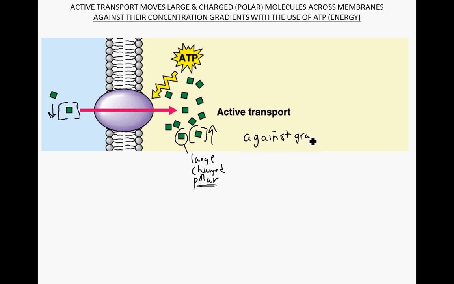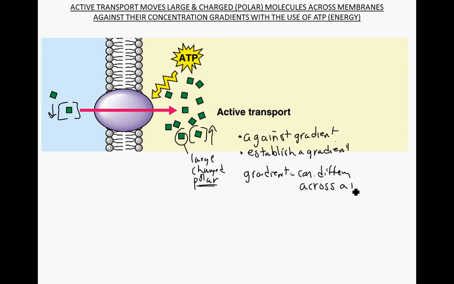a gradient. And this is presuming that we already have a gradient established. But you can also use active transport mechanisms to establish a gradient, to make this concentration difference. And again, reminding you that a gradient is a concentration difference, and that concentration difference is described as being across a membrane.